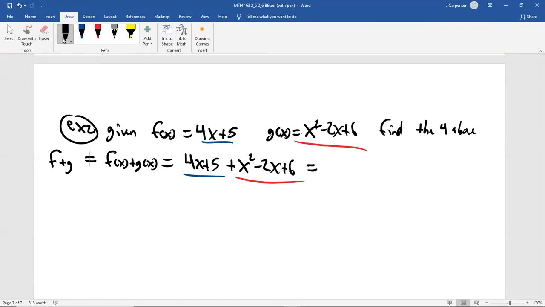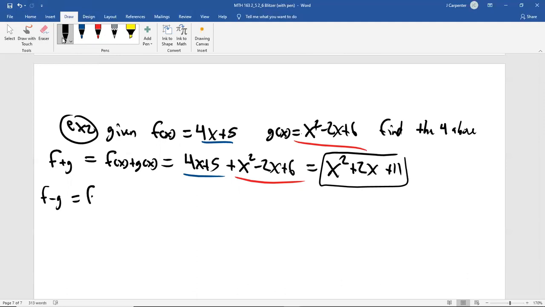All right, so that'll be equal to, well, just combine like terms, put things in a more appropriate order. So the x squared should go first. 4x minus 2x is a plus 2x. 5 plus 6 is a plus 11, and that would be your answer. Again, the actual math, nothing new. It's just injecting that new notation.